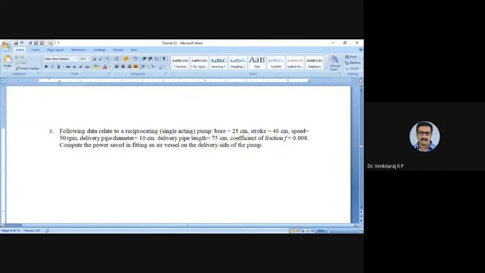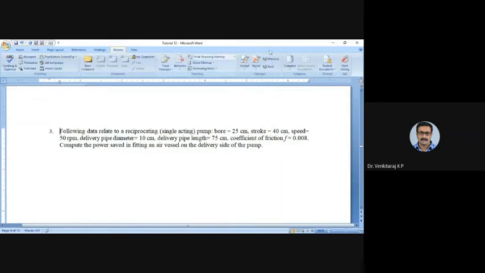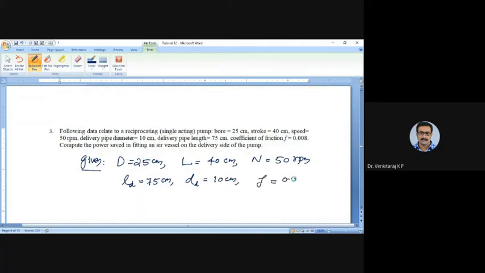So let us write down the data. Given the bore diameter, which is 25 centimeter, stroke length 40 centimeter, speed 50 rpm, then the length of the delivery pipe L_D is 75 centimeter, the diameter of the delivery pipe is 10 centimeter, and the friction coefficient is 0.008.